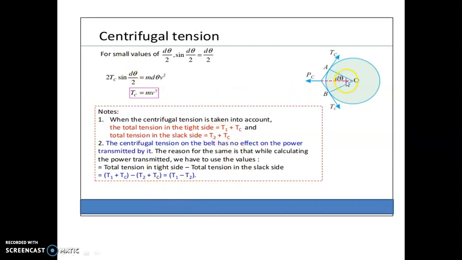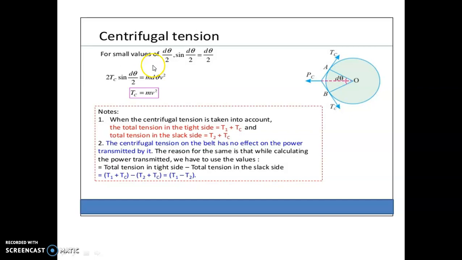Again, look at the diagram. A belt and the tension at point A and B. At point A, centrifugal tension is Tc. At point B, centrifugal tension is again Tc, and Pc is the centrifugal force. Now, again we will resolve these forces into two components and we will write down the equation of equilibrium.